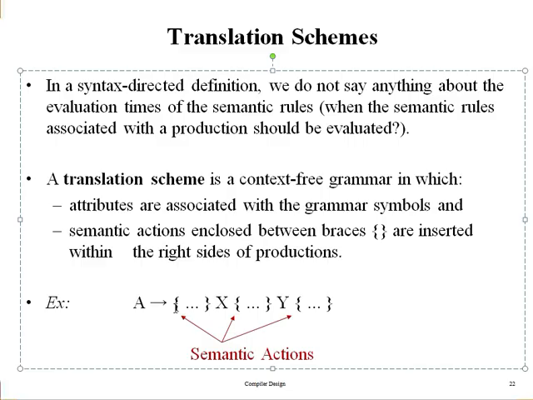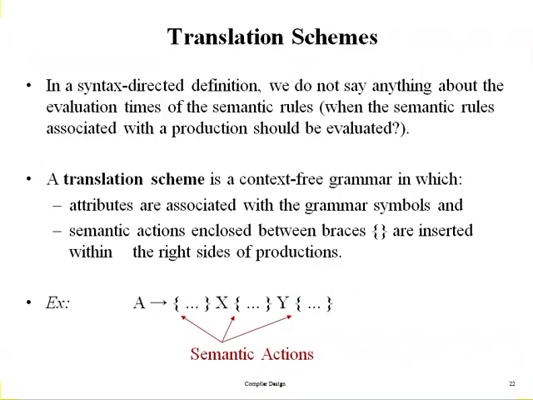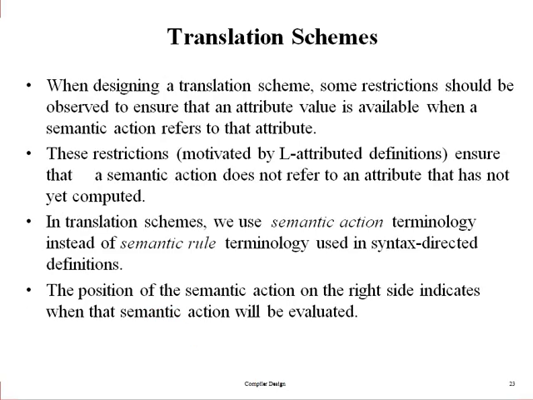Without evaluating the first semantic action, we cannot evaluate the middle one. We cannot also evaluate the last semantic action. So their location determines the order of evaluation of the semantic rules.